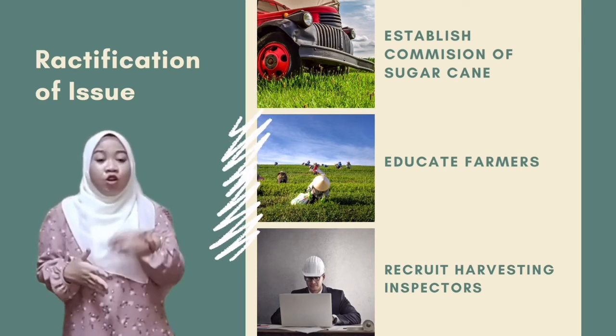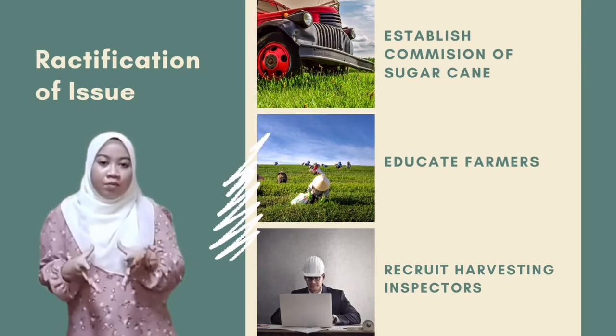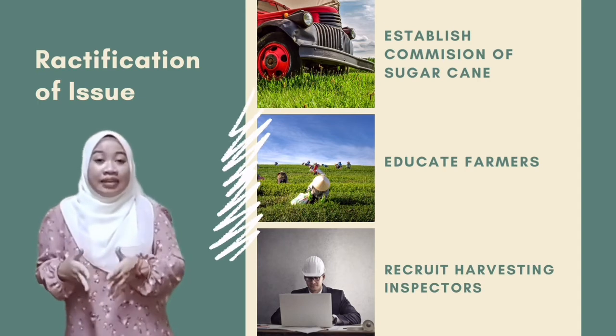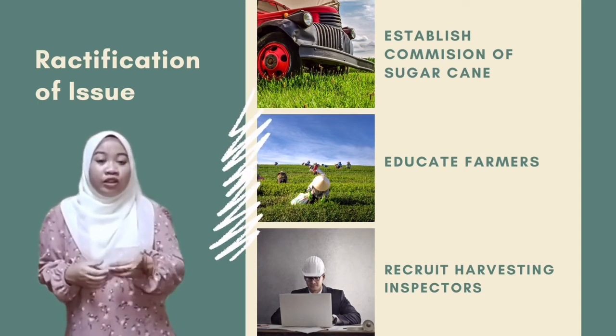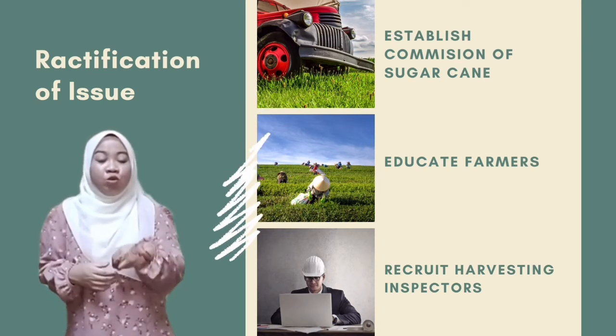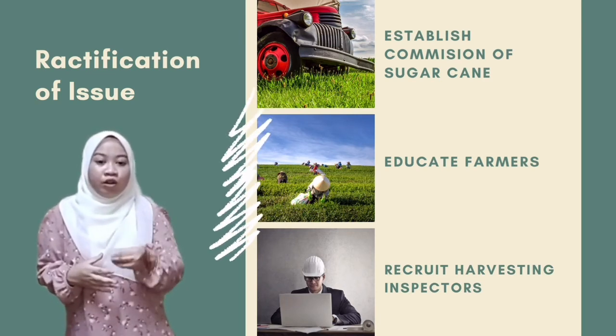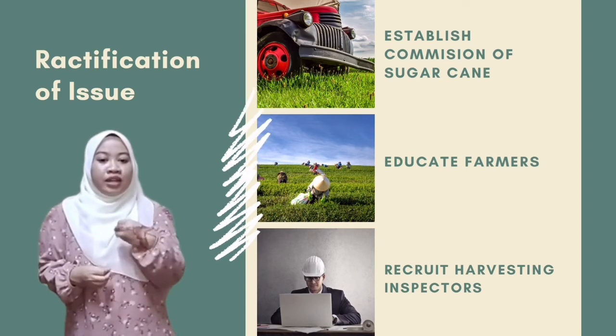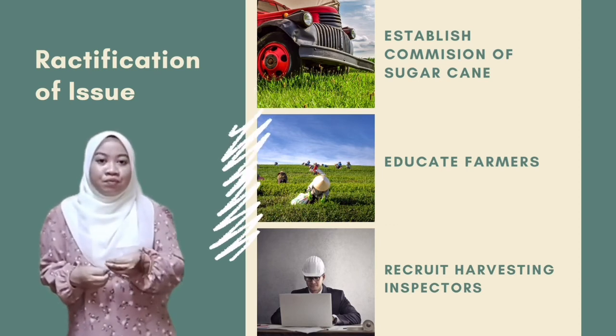All this can lower the overall productivity of the mill. So it is very important to educate the farmers because it could help the company to improve the quality of the product and also to settle this issue immediately.